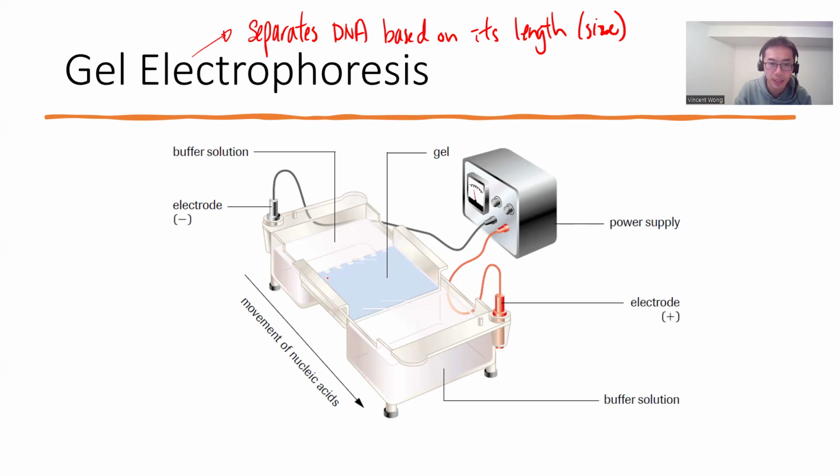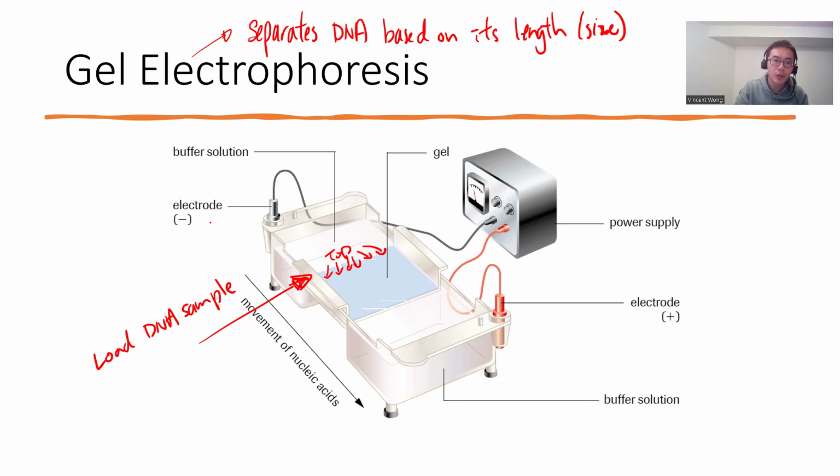I'll show you the gel in a bit. But this is the top of the gel, these slots. That's where you load the DNA sample. I'll show you how that's done in a video. Now, the DNA backbone is negatively charged because of the phosphate, the PO4 3-.